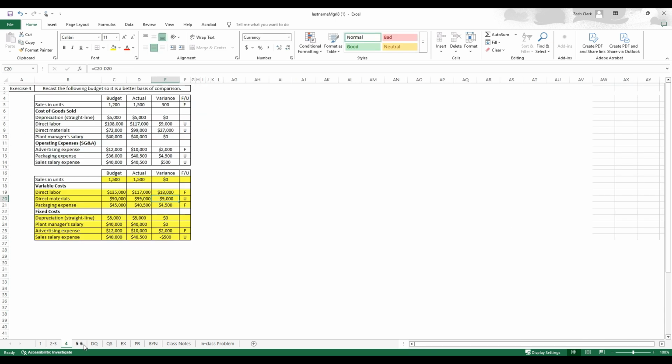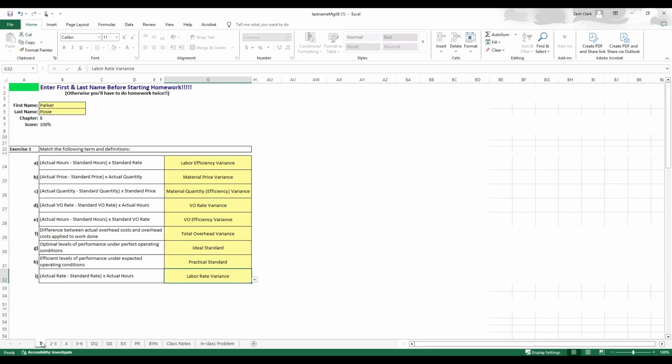So hopefully this chapter is not too challenging for you all. I know it's a tricky chapter with a lot of things going on. If you're able to step back, take a breath and know that the concepts maybe aren't as hard as they seem. I feel like there's a lot of terms and a lot of this times this and formulas and all that stuff.